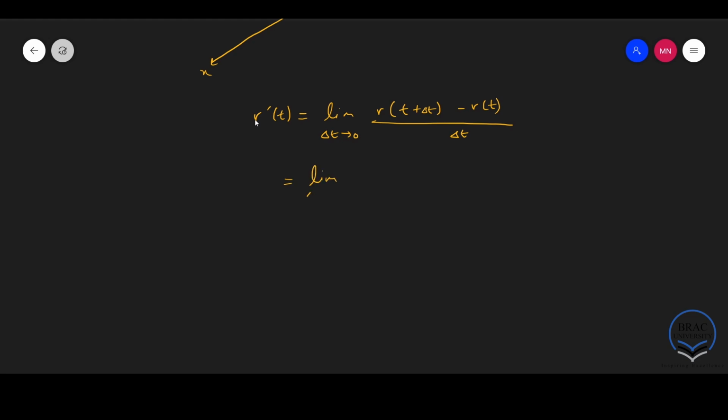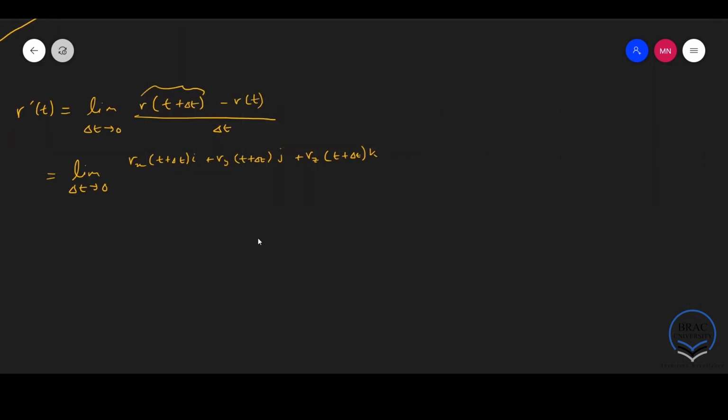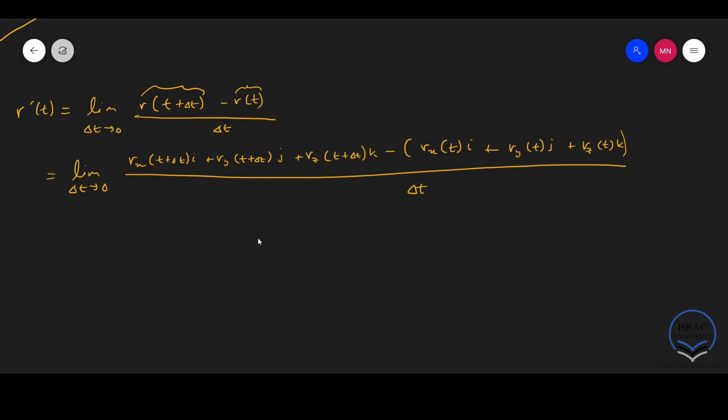I will have the limit as delta t approaches 0 of rx of t plus delta t i plus ry of t plus delta t j plus rz of t plus delta t k. That is for this vector function here. Now considering r of t, I will have minus rx of t i plus ry of t j plus rz of t k, divided by delta t.